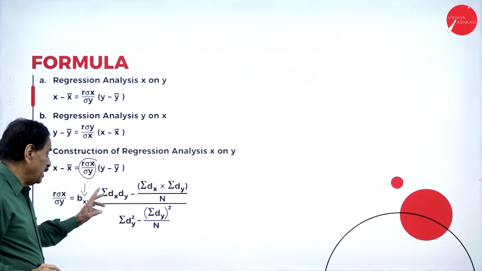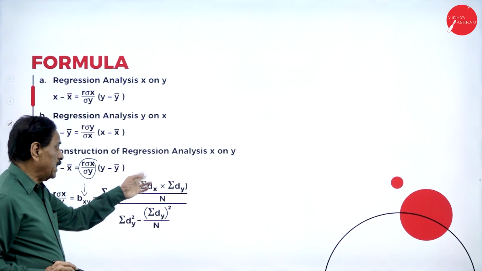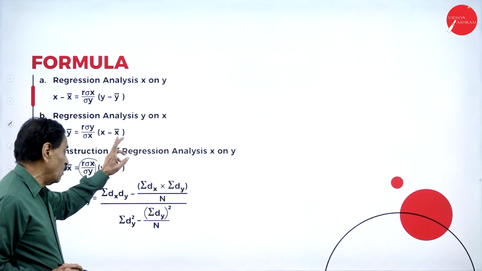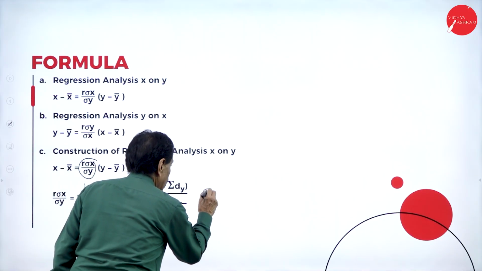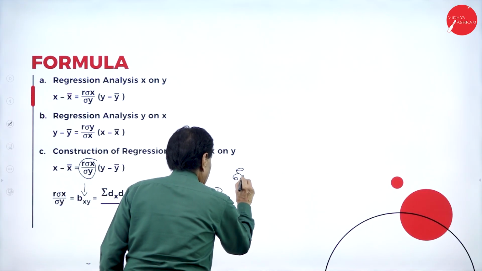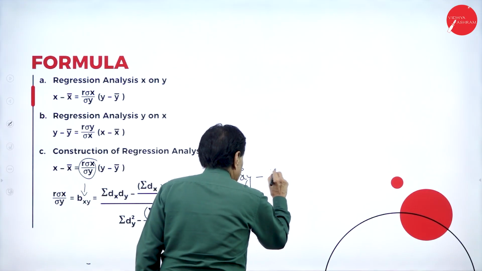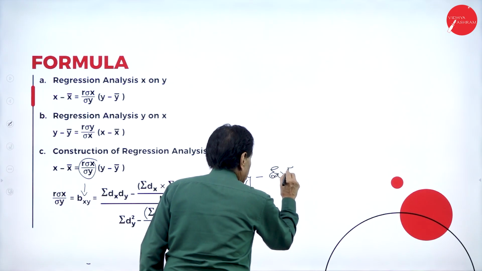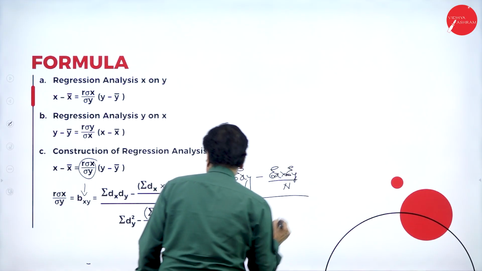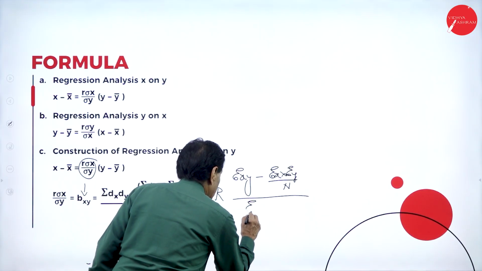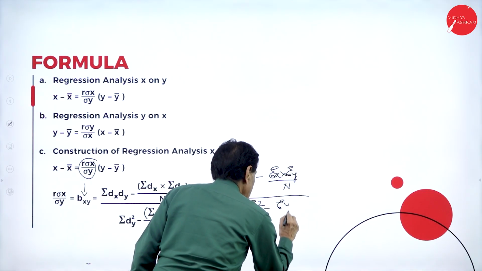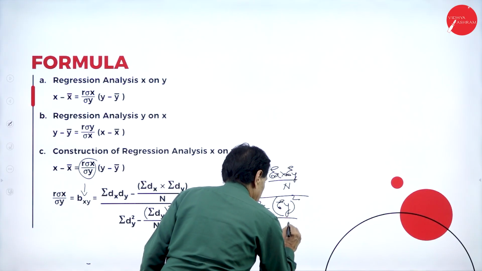What is bxy? Sigma dx dy divided by n, divided by sigma dy square minus sigma dy whole square divided by n. Or this can be solved as sigma xy minus sigma x into sigma y divided by n, whole divided by sigma y square minus sigma y whole square divided by n.